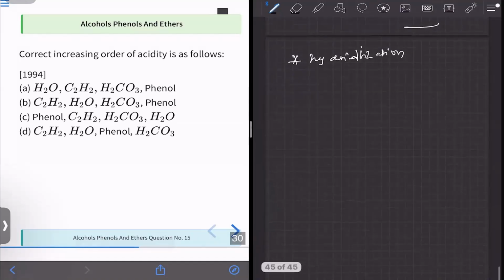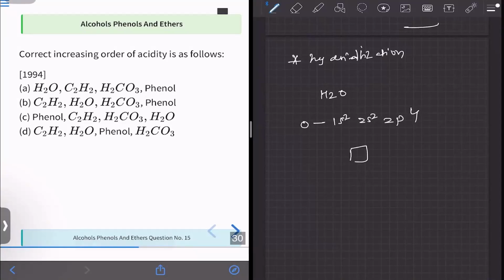What is the hybridization of H2O? What is the electronic configuration of oxygen? It is 1s2, 2s2, and 2p4.